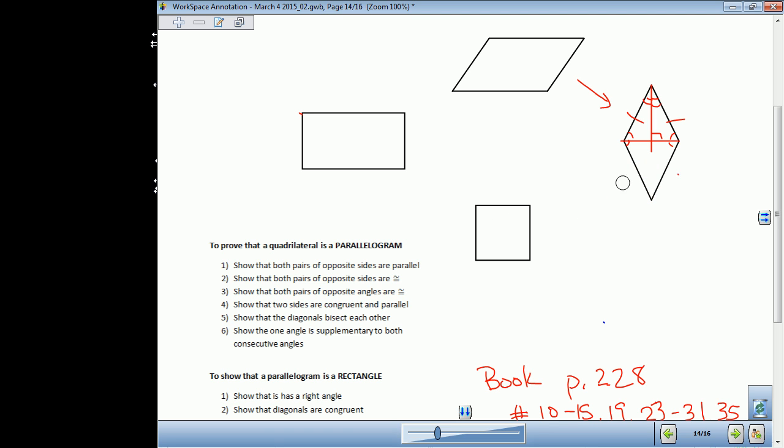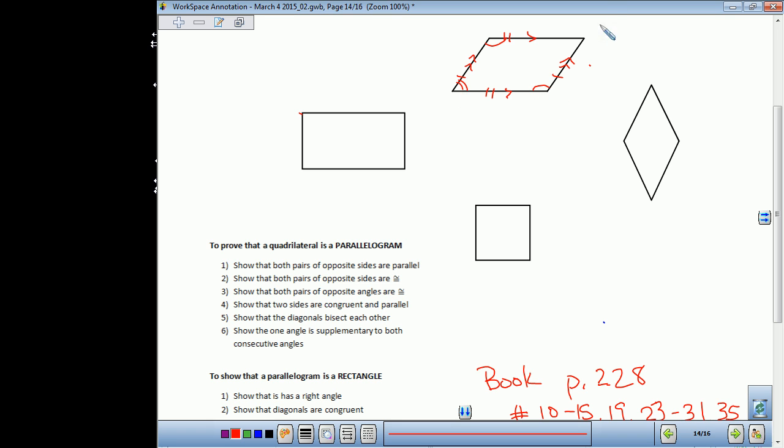Okay, so definition of parallelogram: opposite sides are parallel. And opposite sides are congruent. Opposite angles are congruent. Diagonals bisect each other.